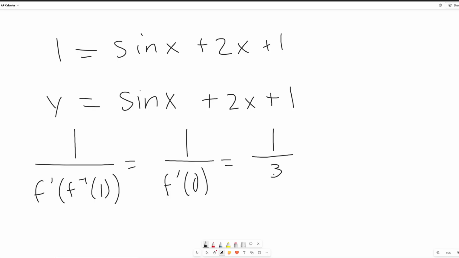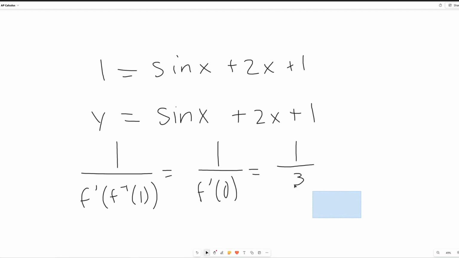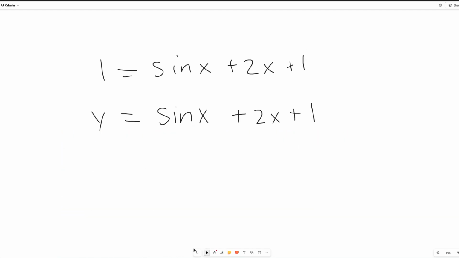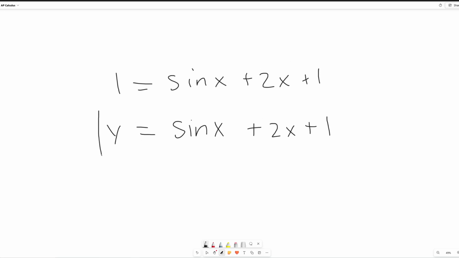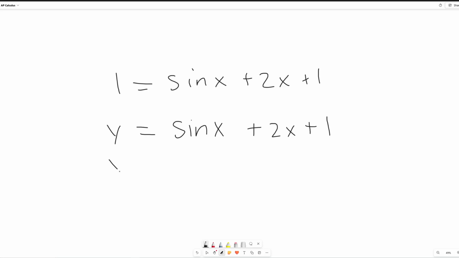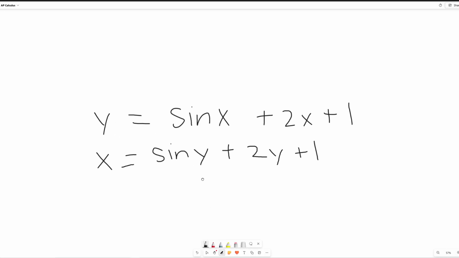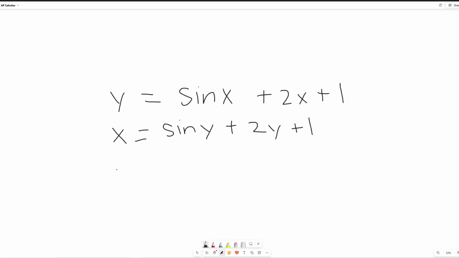However, while this is correct, there is another way to do it. If you ever forget this formula, if you want to find the inverse derivative of any function, you switch the x and the y, as we know. Okay, and then we can do what we did before, implicit differentiation.